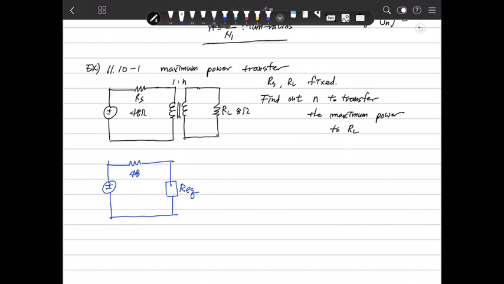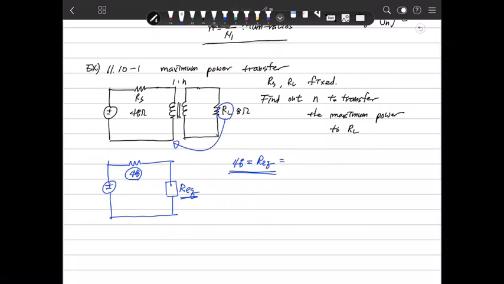The power is maximum when the series impedance and the other impedance are the same. Therefore, if we transfer the impedance RL to this direction and REQ has the same value, then the power transferred to RL is maximum.